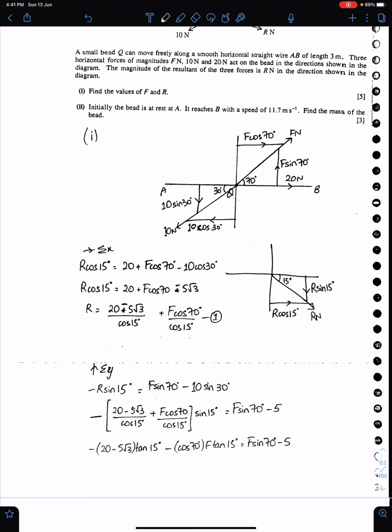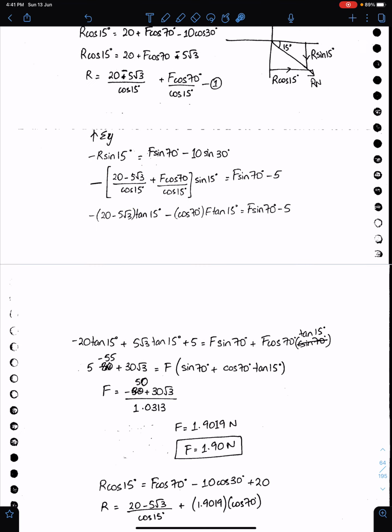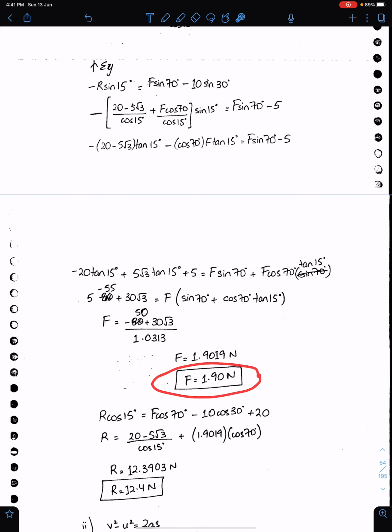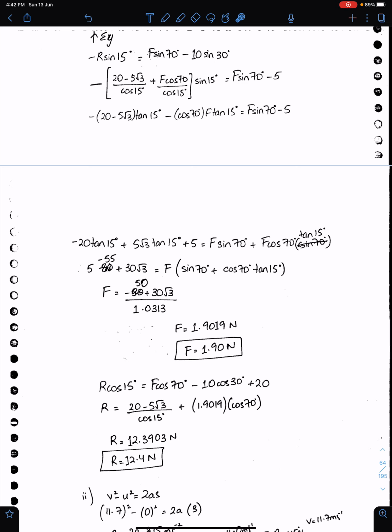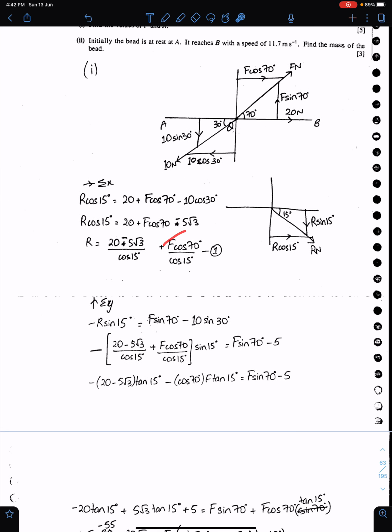This is negative because we substituted the value of R. So by solving this equation, we can get the value of F. Hence F is 1.90. By substituting F here, we can get the value of R. So it's important to make these two equations correctly.